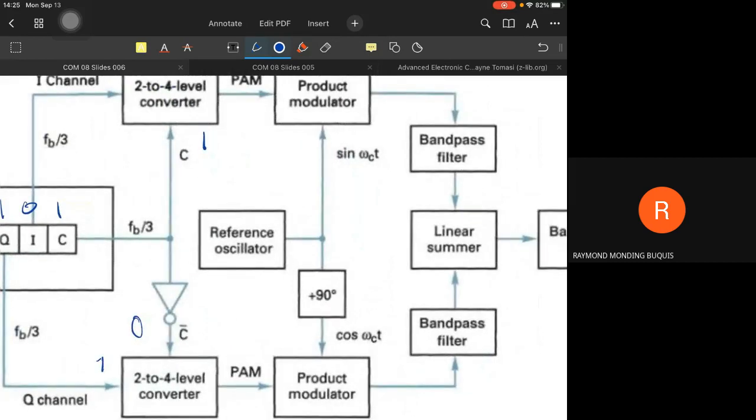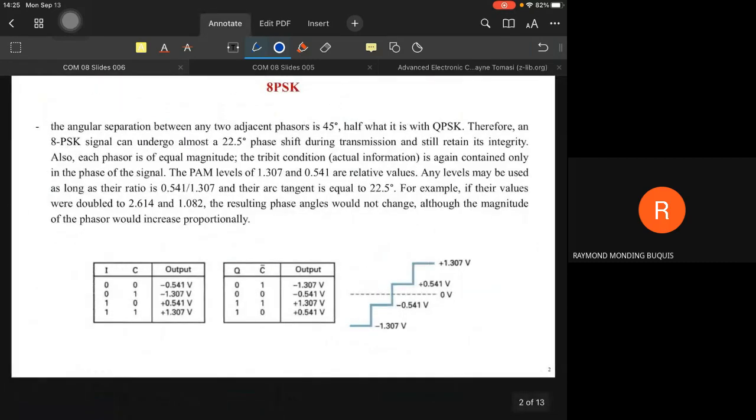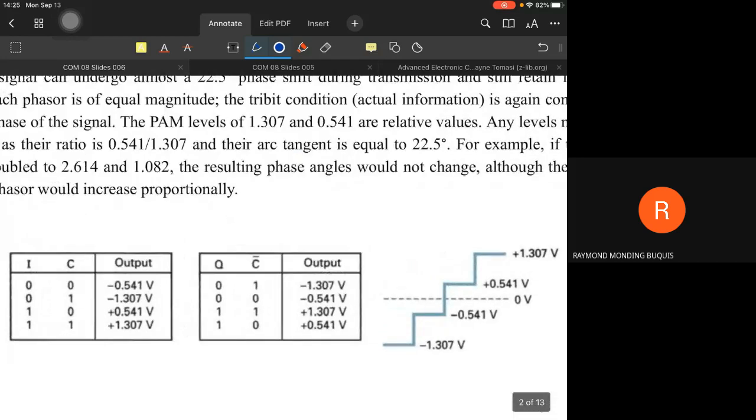So, these converters here, these 2 to 4 level converters, we could think of them as DACs, or digital to analog converters. The outputs are these. So we have 8 possible voltage levels.